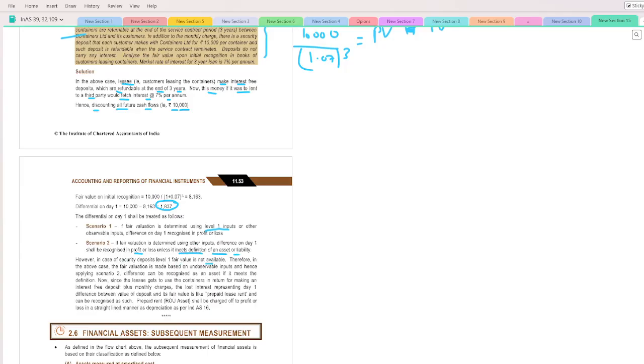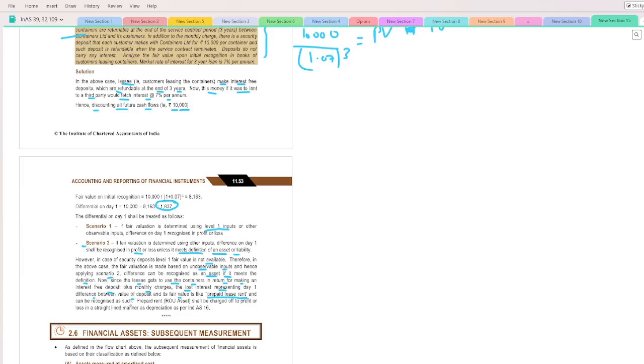Therefore, in the above case, the fair value is based on unobservable inputs, and hence applying scenario 2, this can be recognized as an asset like prepaid rent if it meets the definition. Since the lessee gets to use the container in return for making the interest-free deposit plus the monthly charge, the lost interest, representing the day one difference between the value of the deposit and its fair value, is prepaid lease rent.